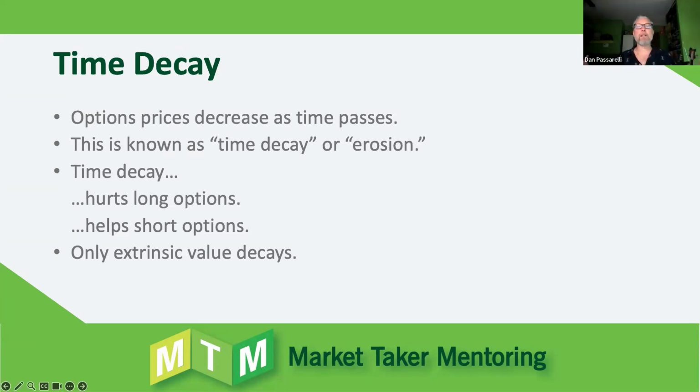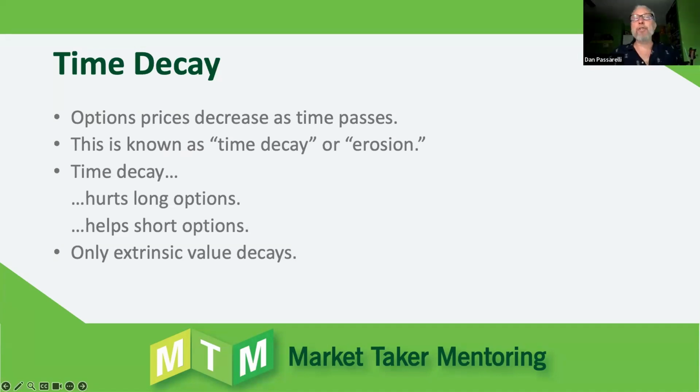So this is basically a perfect trade-off for gamma. Long gamma helps, but short theta, negative theta hurts. If I'm long an option, gamma helps, but theta hurts. If I'm short an option, gamma hurts, but theta helps.